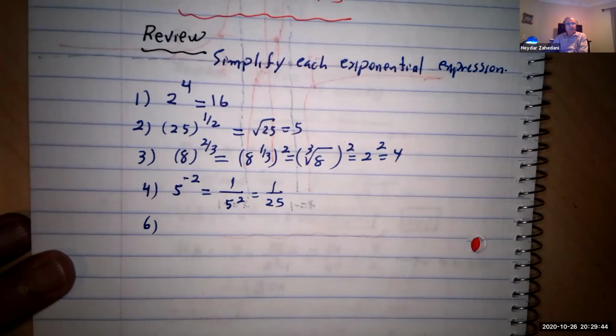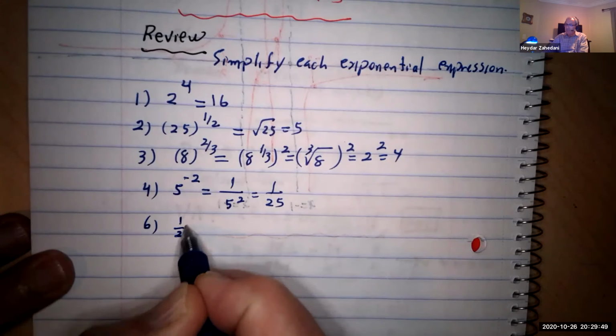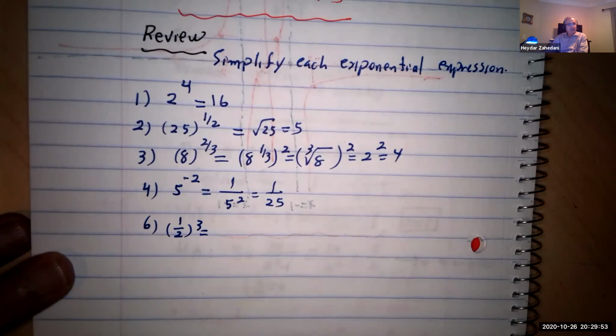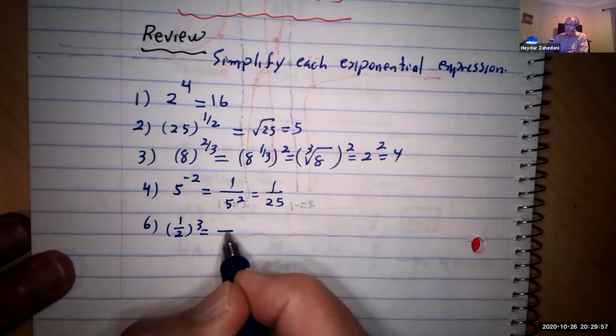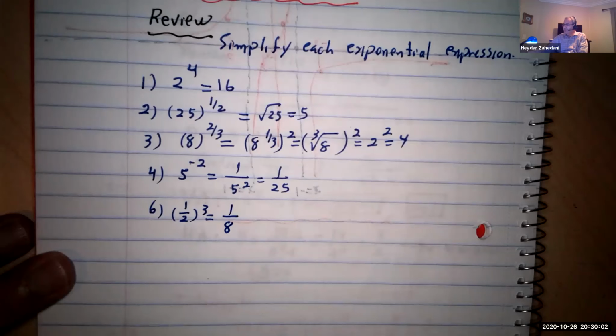If I give you a number less than 1, like 1/2 to the third, again you can do it, because that is 1/2 times 1/2 times 1/2, which is 1/8. So we can do all of them.